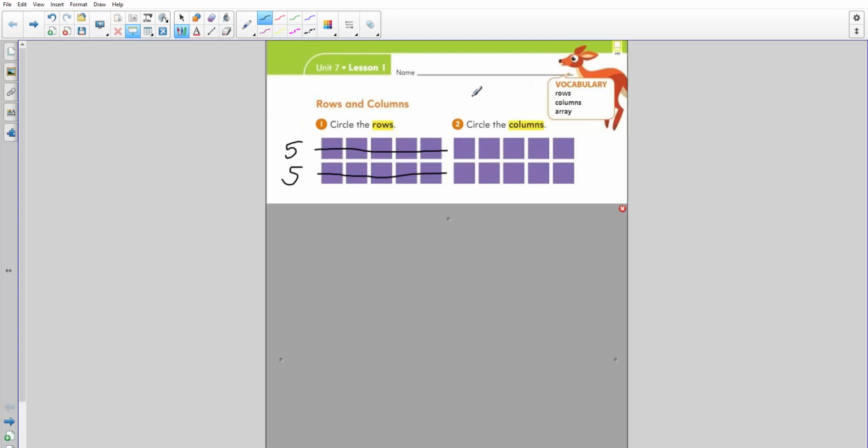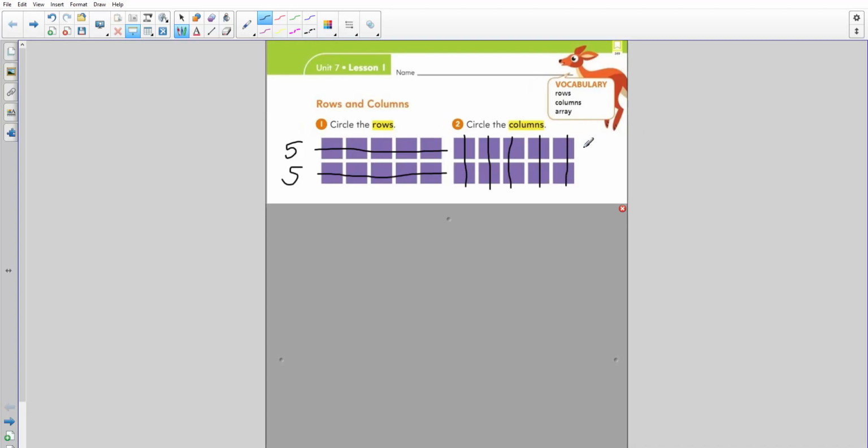Well, let's look at that same picture because there's a second way to move. Columns. That is going vertically, up and down. So as we are taking a look at the columns, this one has 1 column, 2 columns, 3 columns, 4 columns, 5 columns.